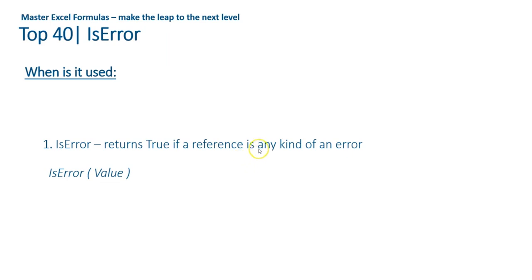That's why the explanation here specifies any kind of error. The structure of the formula is that all we need to do is put the value or the specified cell within the brackets.